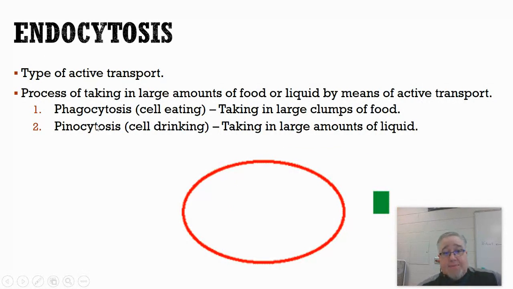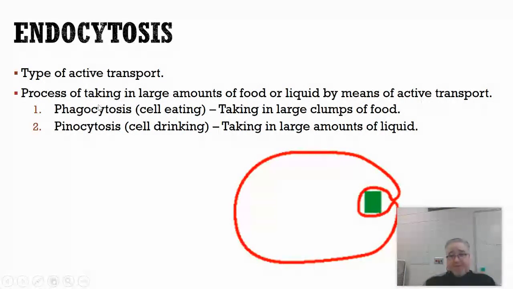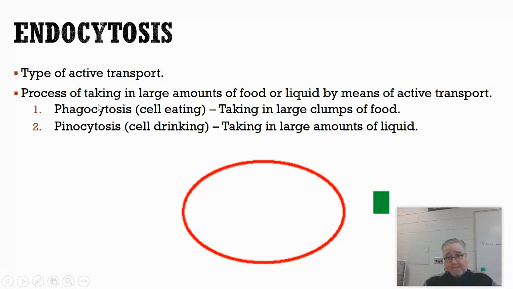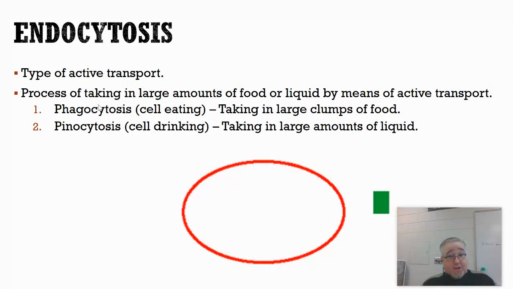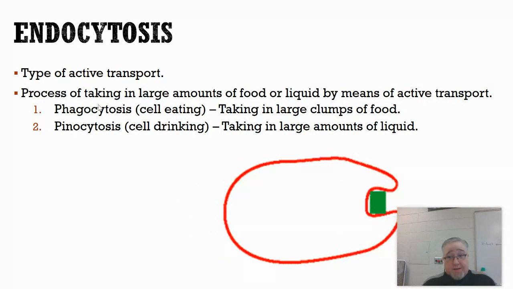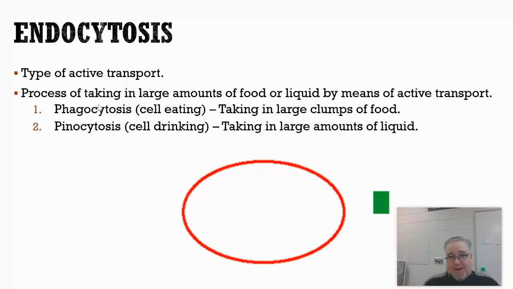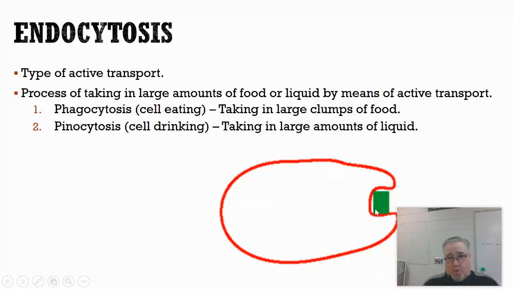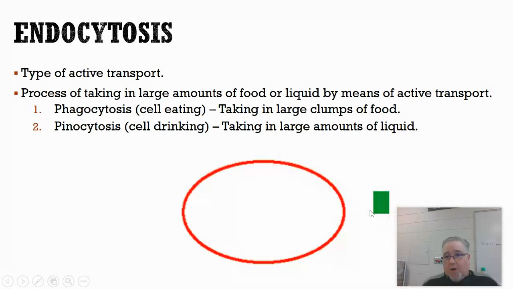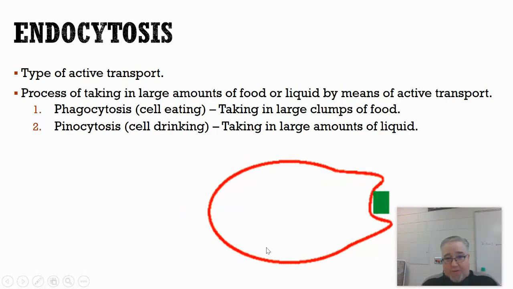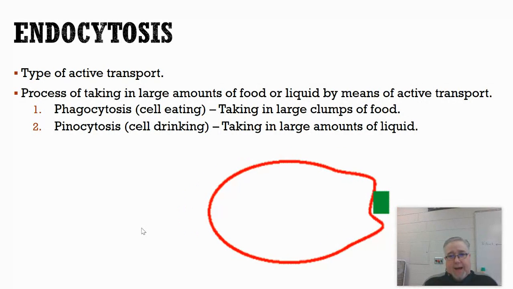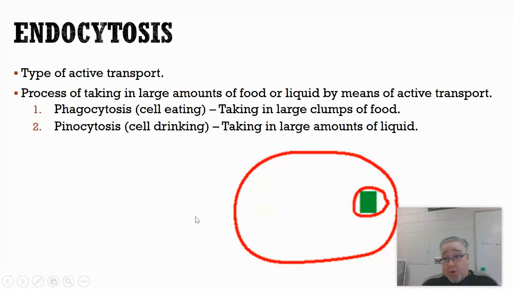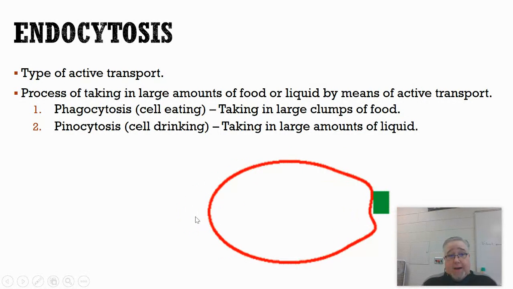So a lot of times cells have to bring things in, and a lot of times that means the cell is going to have to exert energy. Think about this cell here, surrounding this little particle and kind of engulfing it. The cell is using energy to do that, right? But again, this is an active transport process.